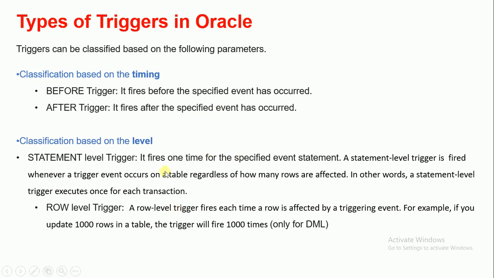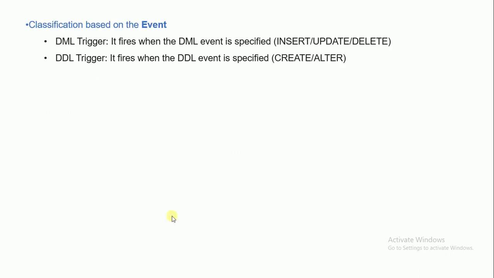But in a statement level trigger, for 100 rows, the trigger will be executed only once. So that is the difference between statement level trigger and row level trigger. Statement level trigger affects a whole table, and row level trigger affects a particular row in a table. And the classification based on the event is DML events and DDL events.